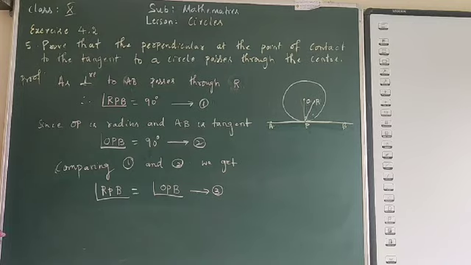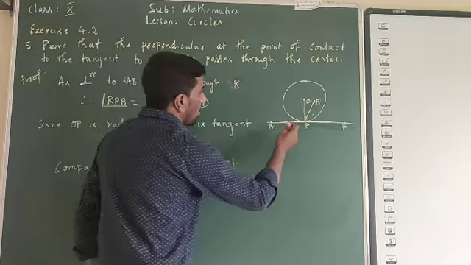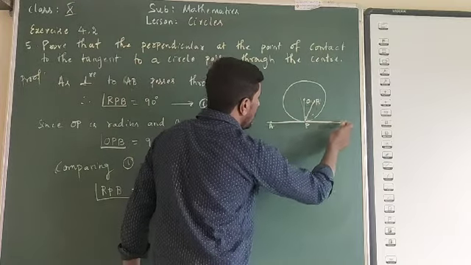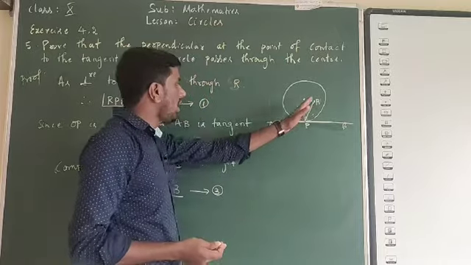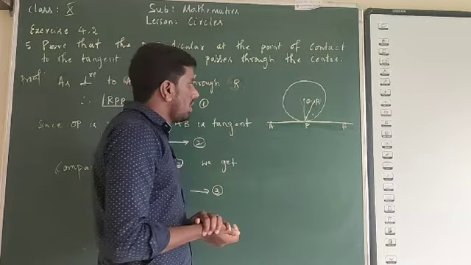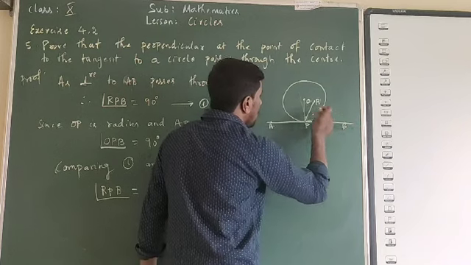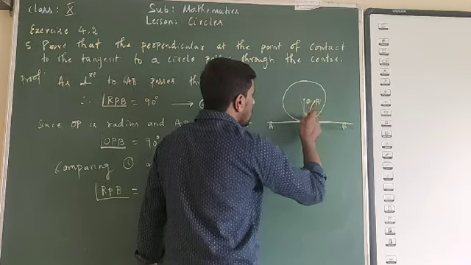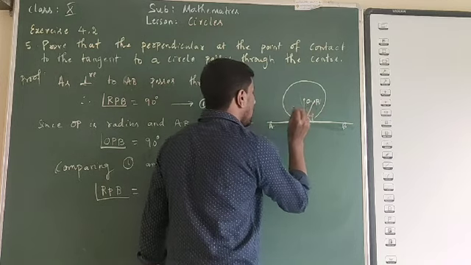Also, you can observe the figure. From the figure, it is clearly seen that angle RPB is less than angle OPB. You can see that this angle is less than this angle. Correct?